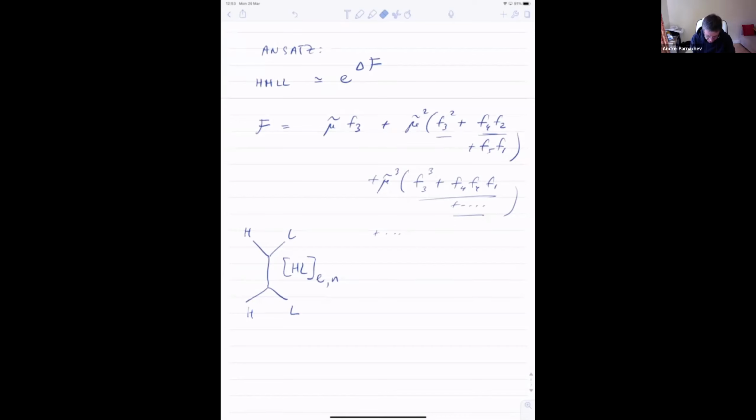So the conformal data here involves the OPE coefficients and the anomalous dimension of the heavy light operator. In order to reproduce the correct Z-bar behavior, the OPE coefficients have to have this form.